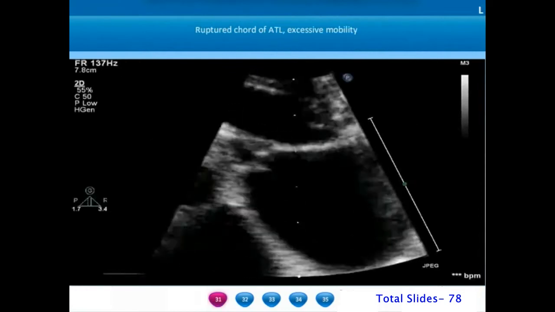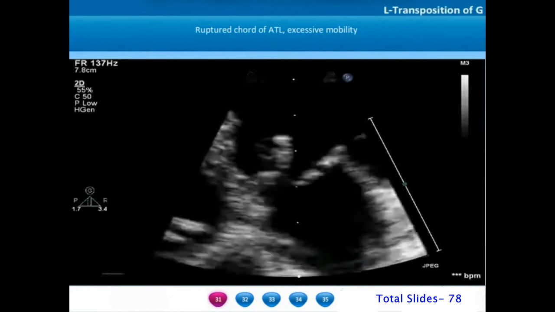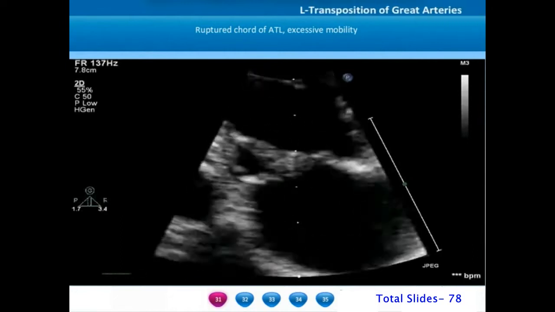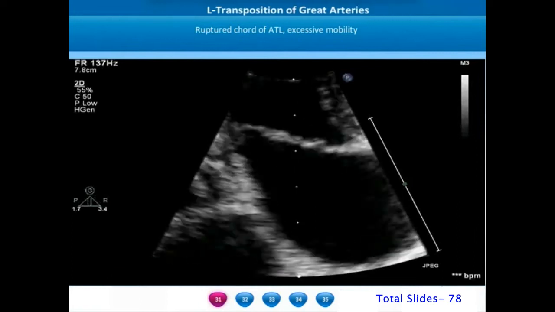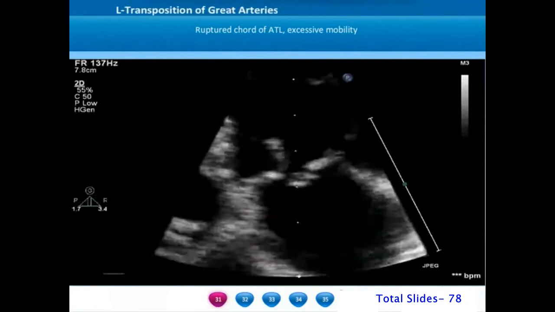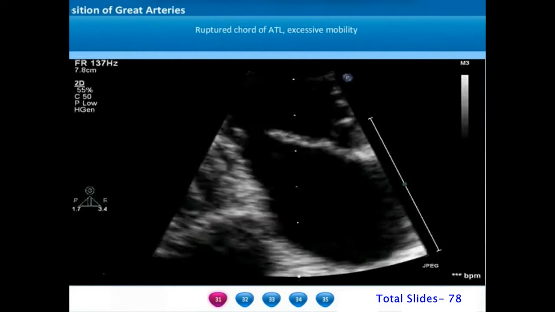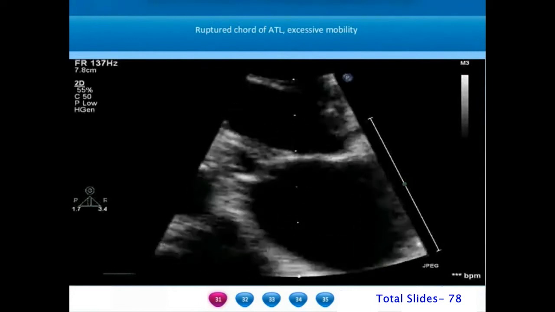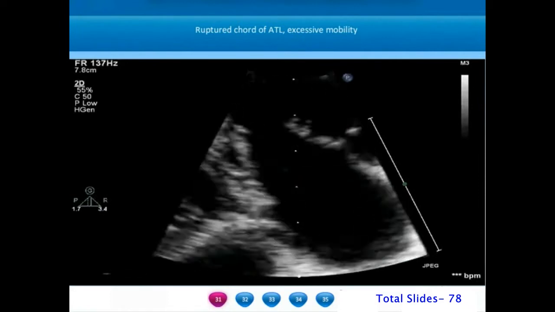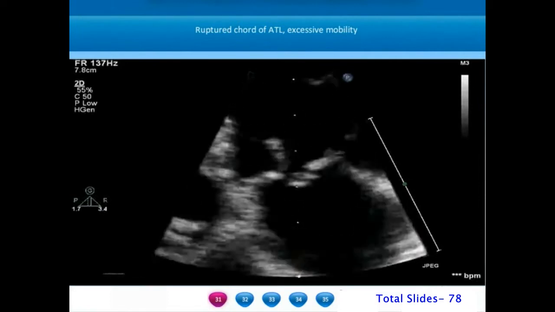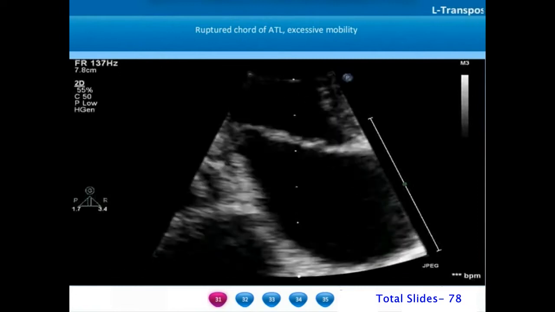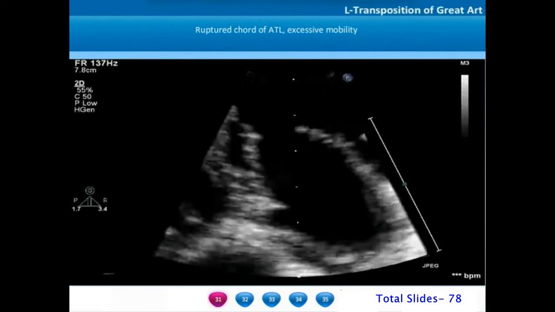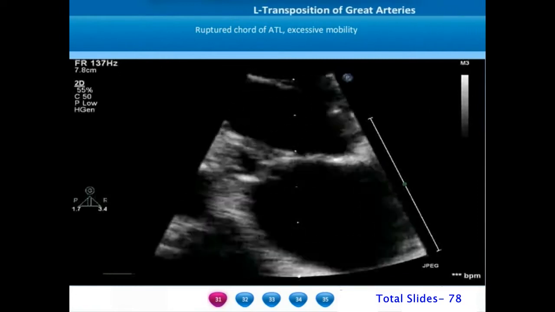In this patient with corrected transposition of great arteries, the anterior tricuspid leaflet chord has ruptured, resulting in excessive mobility and a flail anterior tricuspid leaflet. There can be multiple different reasons for tricuspid regurgitation in patients with corrected transposition of great arteries.